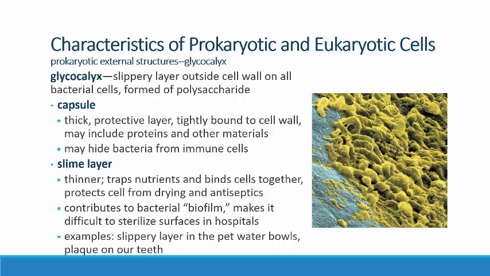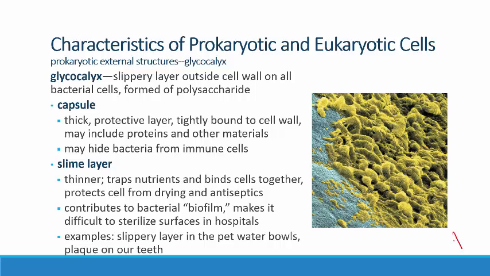Some examples of biofilms that are formed from the glycocalyx plus all the bacterial cells that are hidden in the glycocalyx are the plaque that we find on our teeth, or if you haven't cleaned the pet water bowl in a couple of days, then there'll be a slippery kind of layer on the inside, or maybe in the horse trough, if you have horses, or anywhere that water stands for a long time in a vessel of some sort, these biofilm slimy layers will form where the bacteria have become thick on the surface.